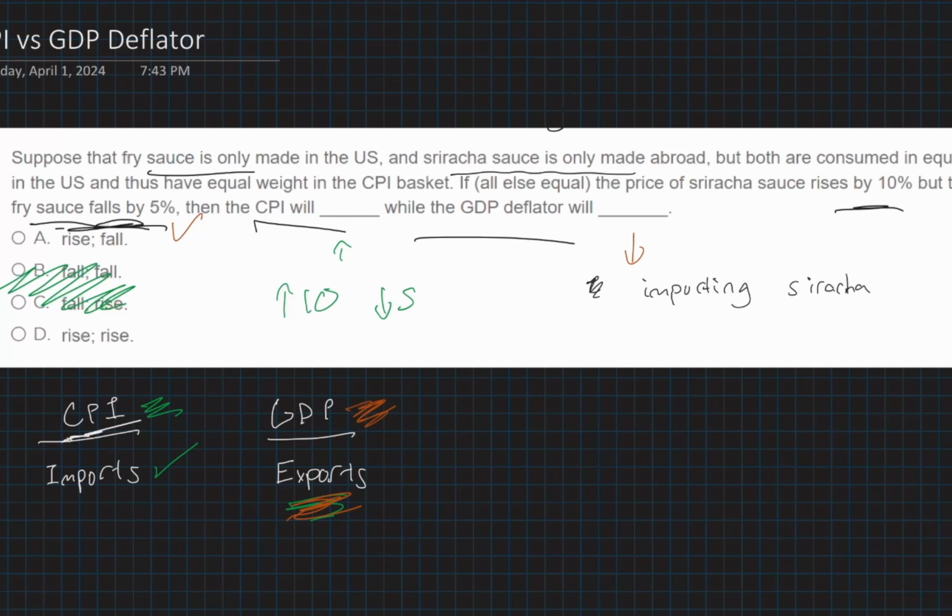So CPI does include this increase and it does include this decrease, while GDP only includes the decrease of fry sauce because it doesn't include imports, and so as such it will drop by 5% as a whole. So GDP deflator will fall, making A the correct answer.